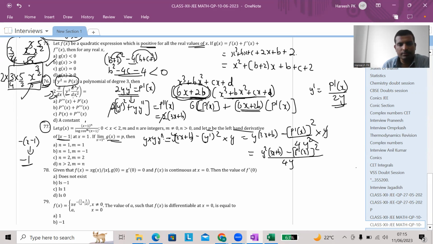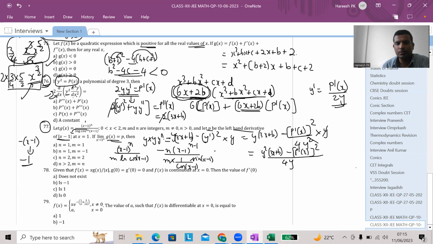So the first step is this power m can come out. So my g of x will become x minus 1 power n by m log cos x minus 1. Now when you try differentiating, one by cos x minus 1 into the derivative of cos, which is minus sine x minus 1.